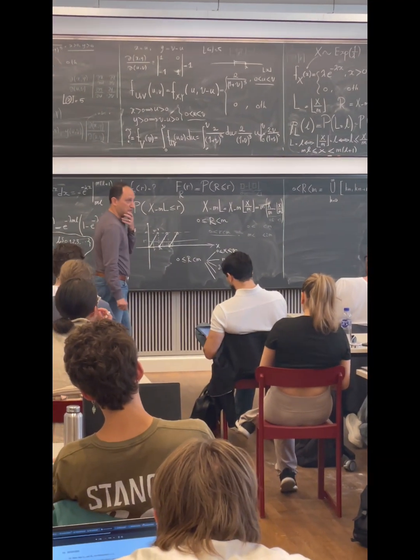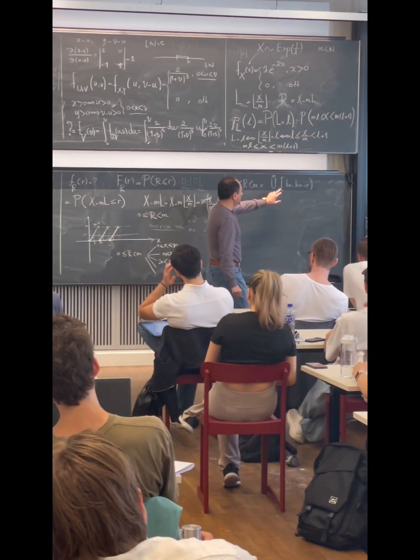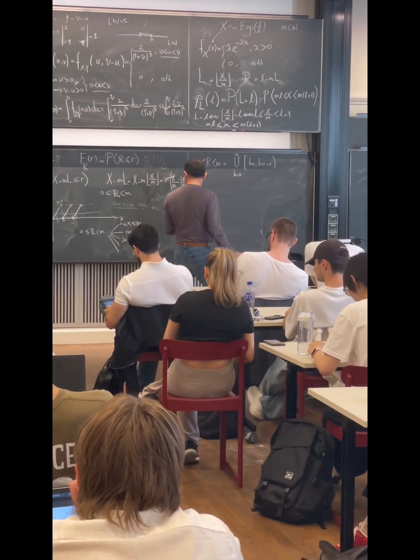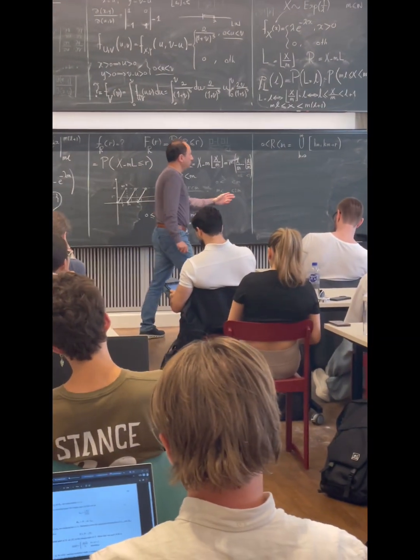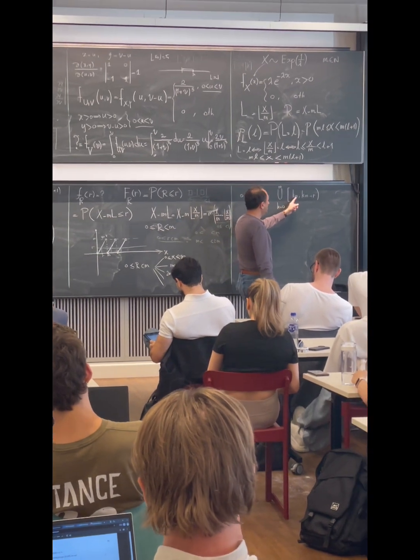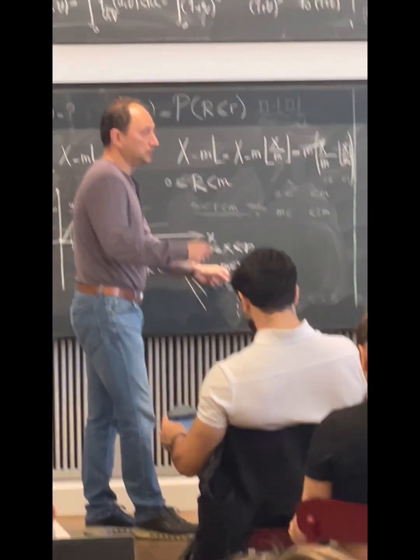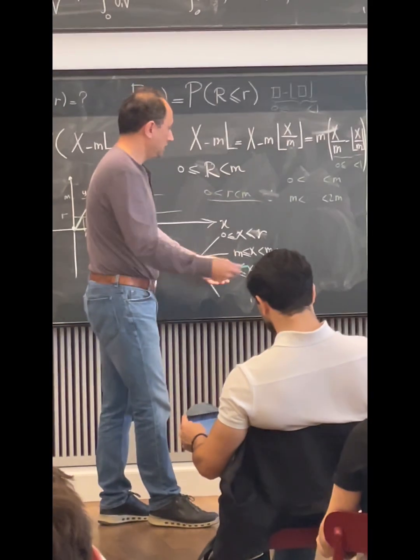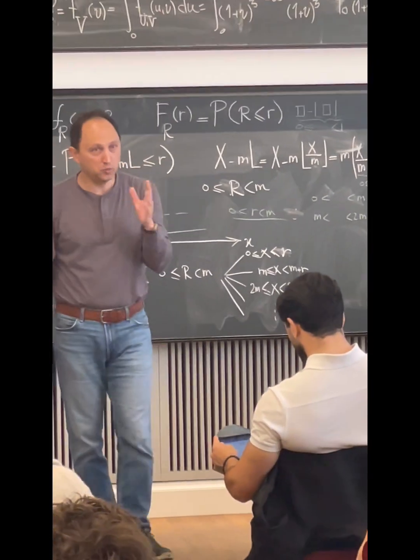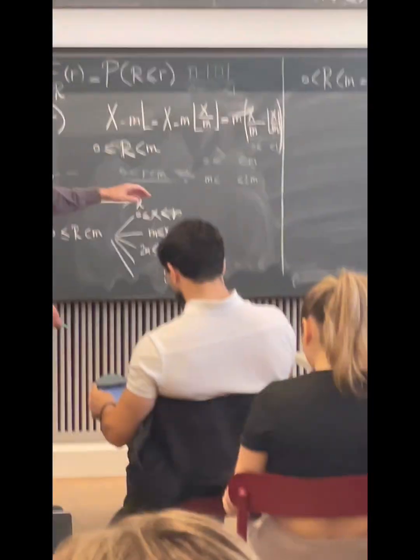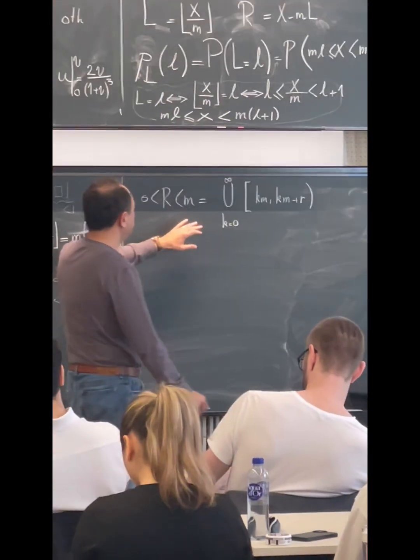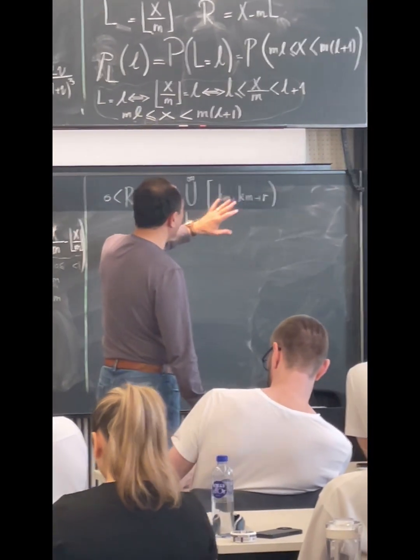Do you agree with me? If I put k equals 0, it becomes 0 to r, that is the first interval. If I put k equals 1, it becomes between n and n plus r, which is the second. If I put 2, it would be the next, so I have to union. I hope I could convince you that this is the union of these things, but for x.